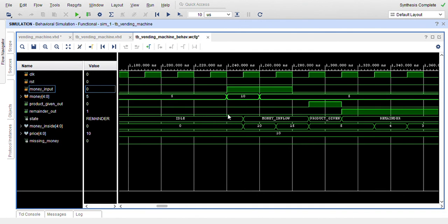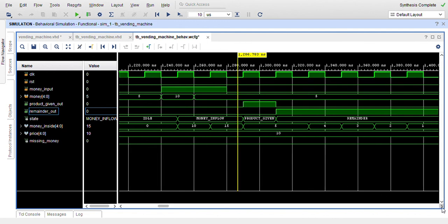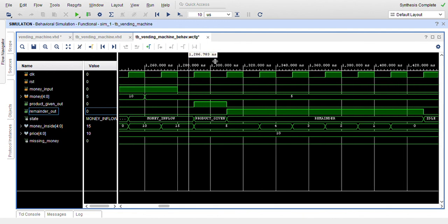Our last case, last possibility, the customer gives 10 liras, then 5 liras, money inside is 15 Turkish liras, product given, so money inside is 5 Turkish liras.